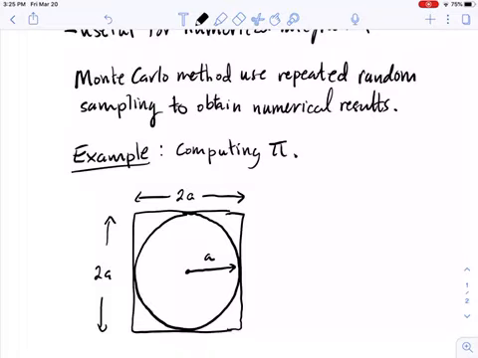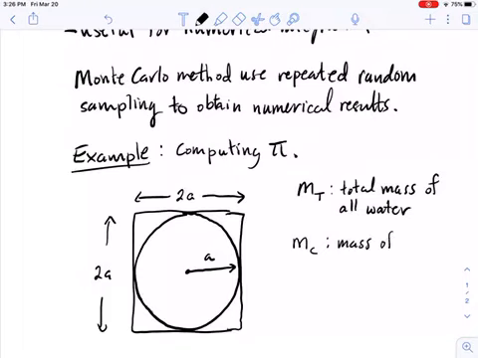And what you first do is you measure the total mass of all of the water contained by both buckets. And then you measure the mass of the water in the circular bucket.